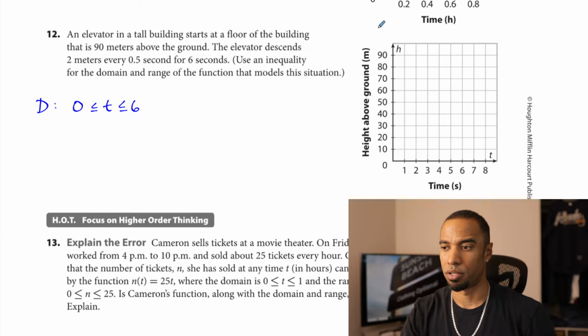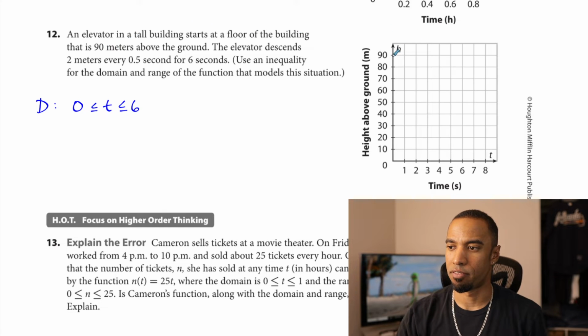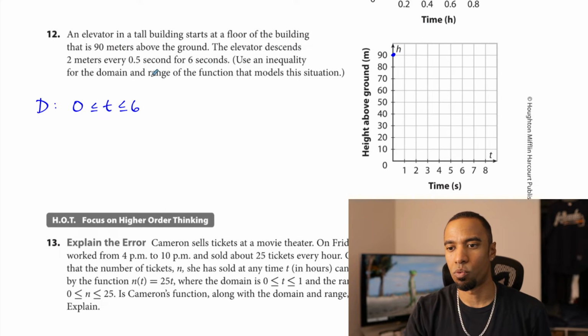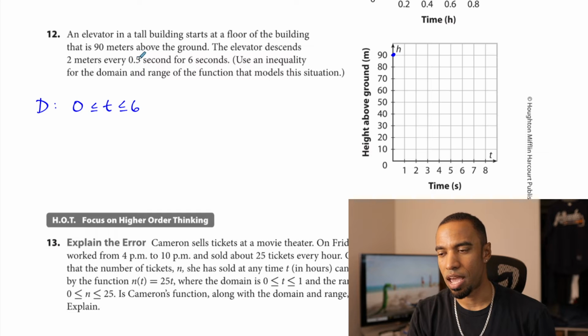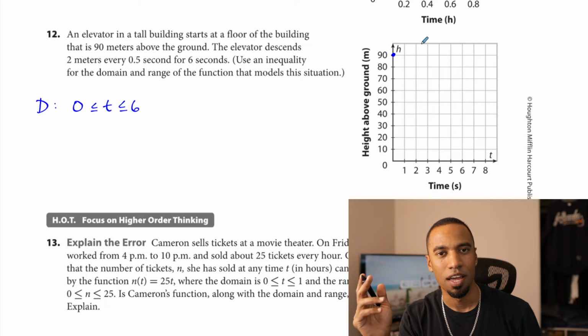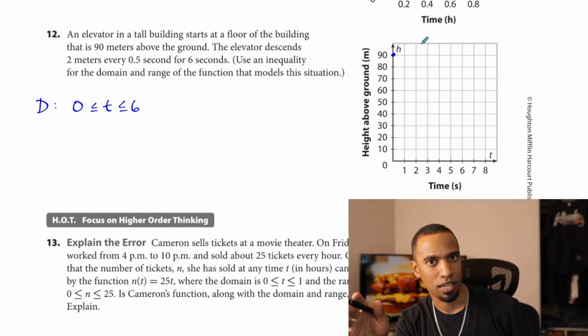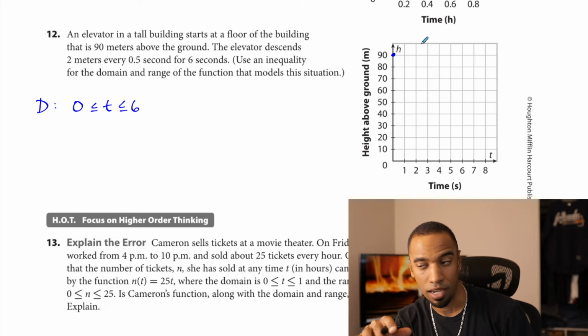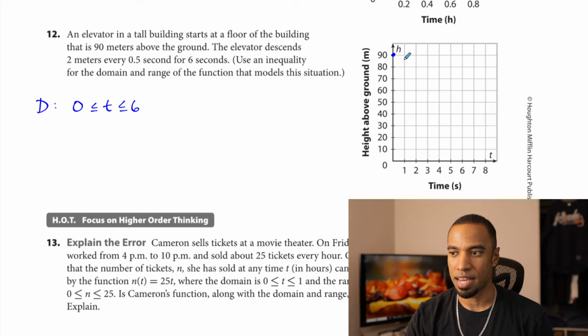To figure out the range here, we start 90 meters above the ground at 0 seconds in, and then we lose 2 meters every half a second. So half a second is right here. If I lose 2 meters after half a second, that's 4 meters after a single second. That's kind of hard to put in 86 there.